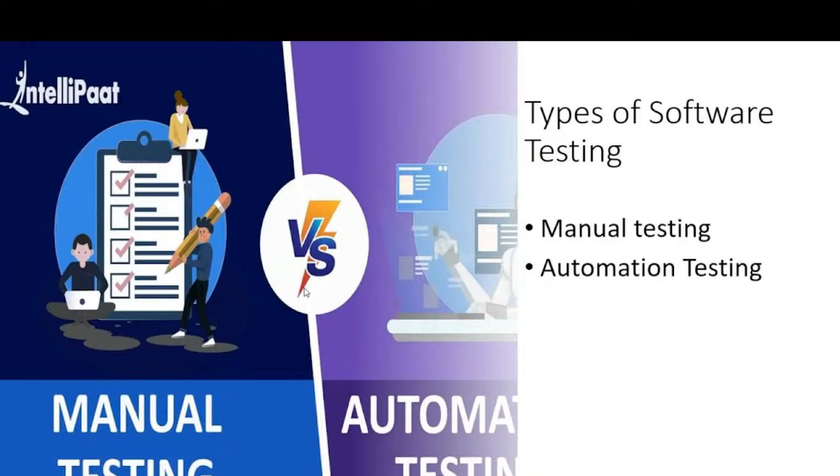So if we have to test 100 different blocks, we manually go and check each and every block with our hands and see, okay, this product is correct, this product is not correct. So what is automation testing? Automation testing is where there is an intervention of a tool.